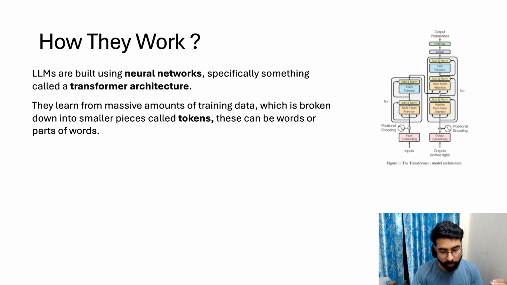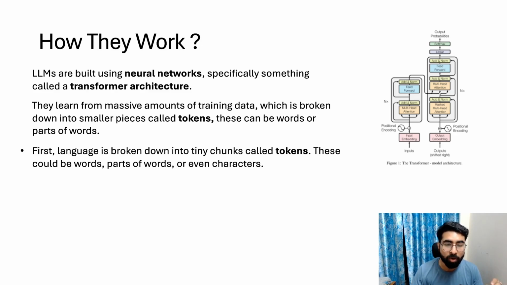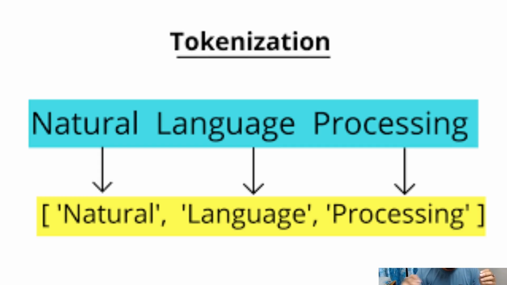This data is broken down into smaller pieces, and these smaller pieces are called tokens. The language is broken down into tiny chunks called tokens, and I'll show you an example of tokenization. If I have the sentence "natural language processing" and I do word level tokenization, it will be converted into "natural" as one token, "language" as one token, and "processing" as one token.